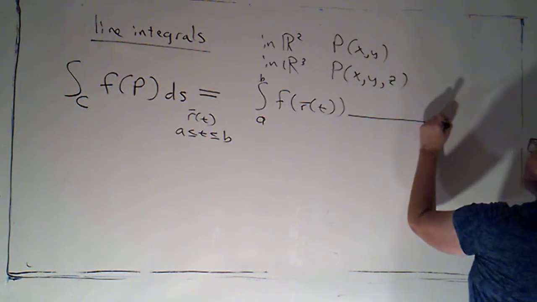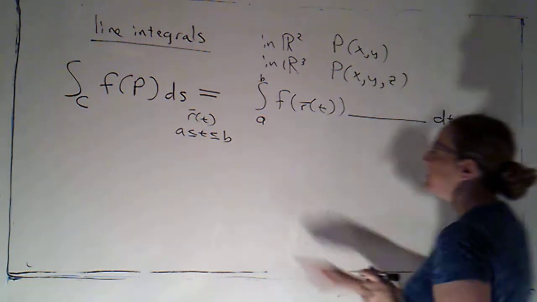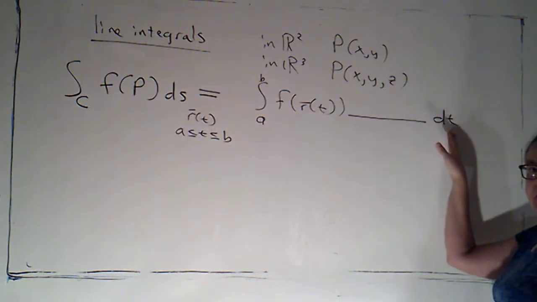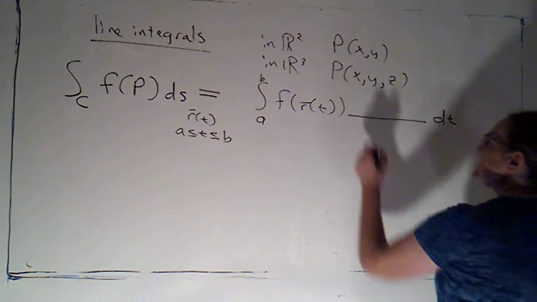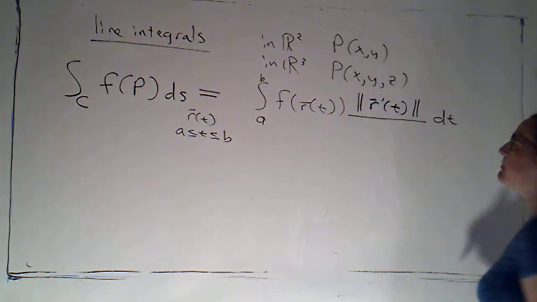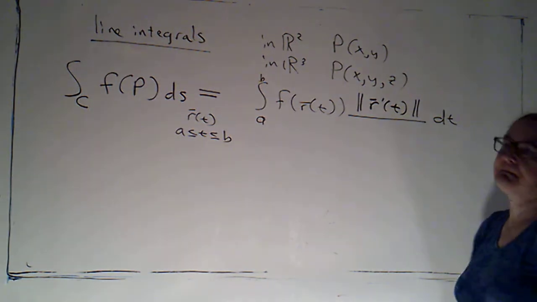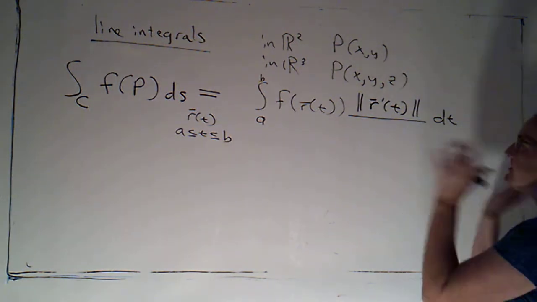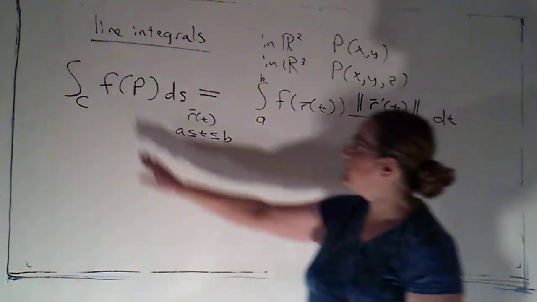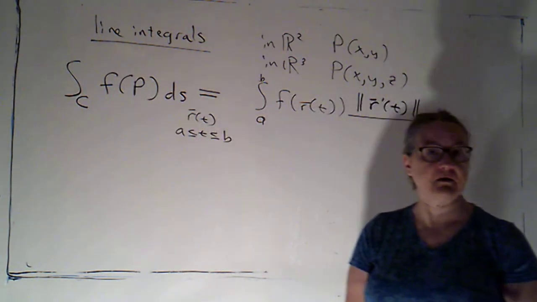And then we always have a scaling factor when we switch from integrating with respect to one thing to integrating with respect to something else. And the scaling factor is the magnitude of r prime of t.